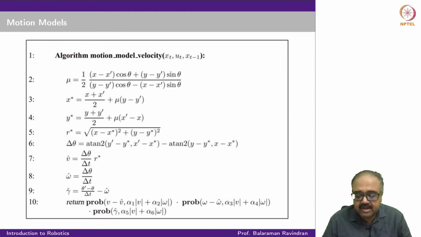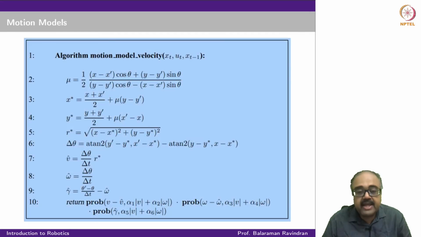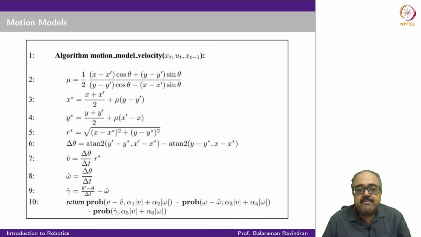And likewise the angle that is subtended by x y and x prime y prime at x star y star gives me the total angle that I have traversed from my beginning. Given that, I can compute v hat and omega hat. So what are v hat and omega hat?